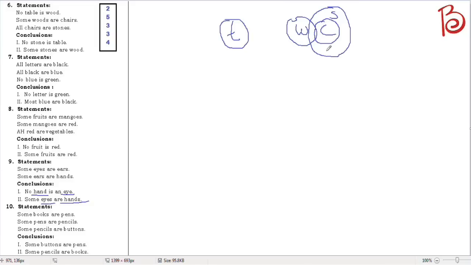Suppose this is chair and this is wood, this is table, and the next one is all stones are table. Is this diagram wrong? No, this diagram is right and even this diagram is right.